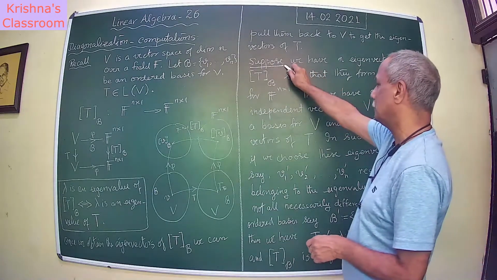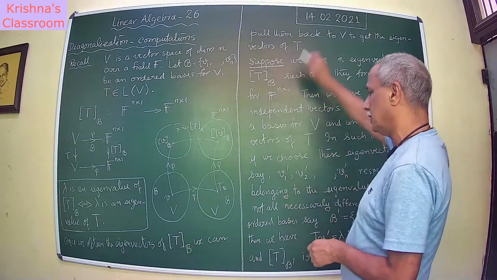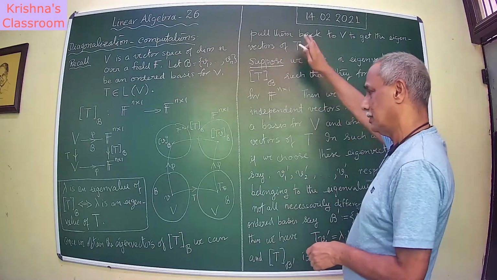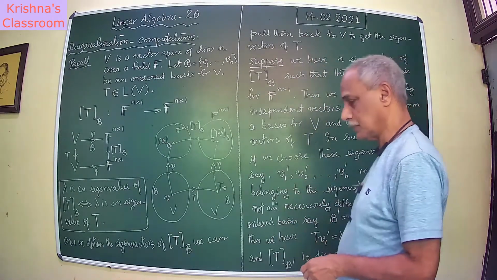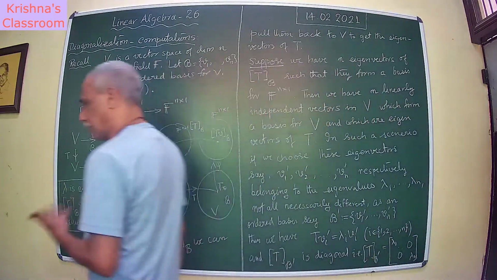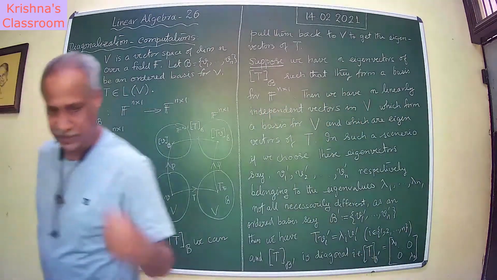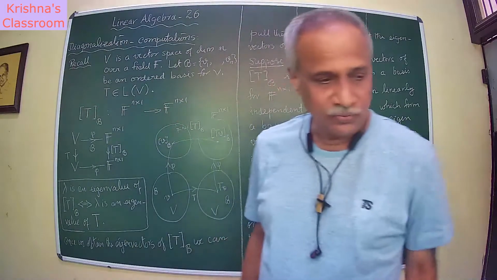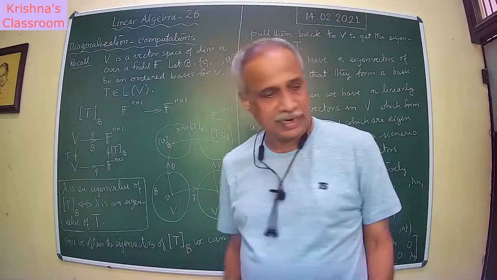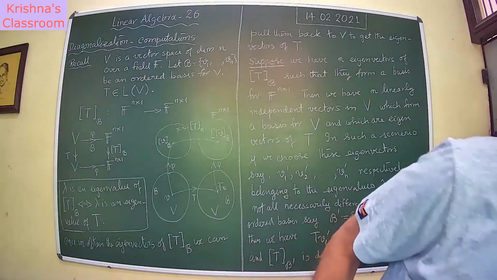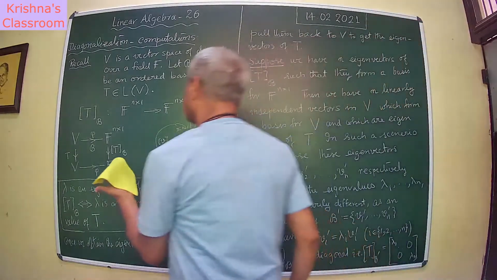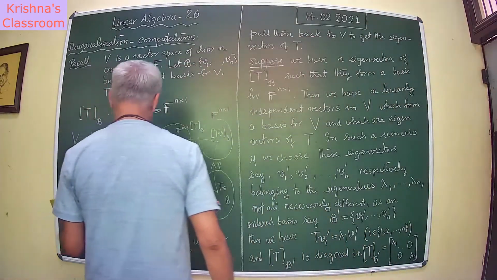So we have a supposition which sets out all the conditions for getting a diagonal representation. Therefore, now we can define when T is diagonalizable. That's the first task. So let us write down.